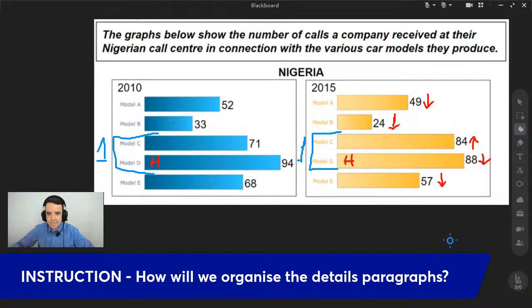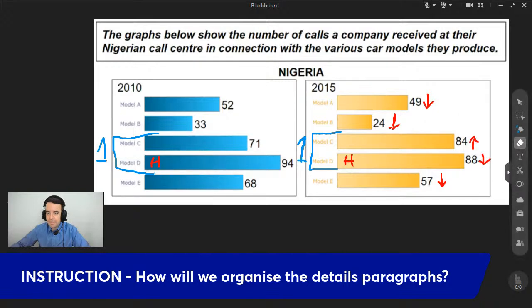The reason for that is we have more to say about those ones. Model C was the only one that increased, so that's something unique. We're going to need more words to discuss that. Also consider that model D was the highest in both years, so it's going to take more words for us to describe that.